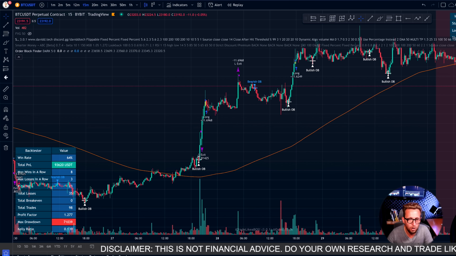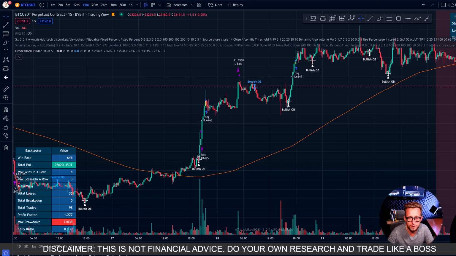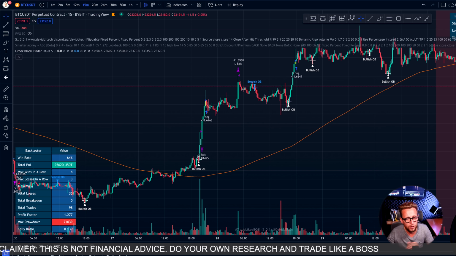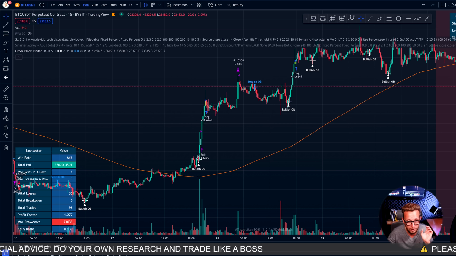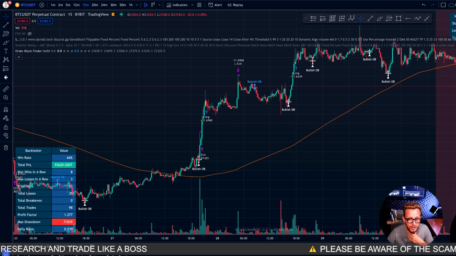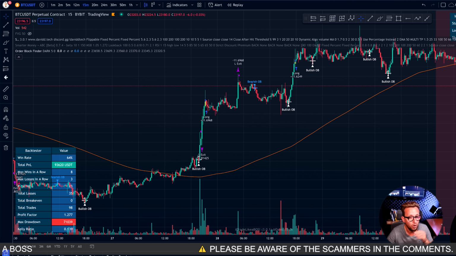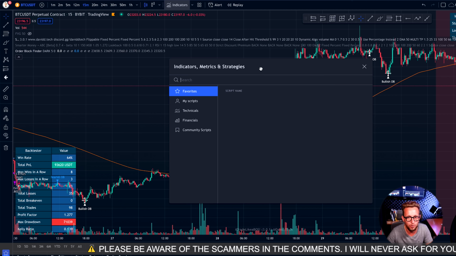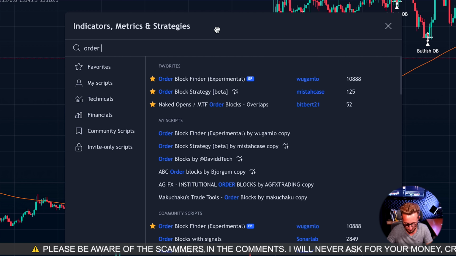Okay, here we are on my computer. I have finished coding this trading strategy. Before I go any further, I have actually used 2 open source scripts inside of my code to be able to create this. The first one is the experimental order block finder, which you will find if you look for order blocks.